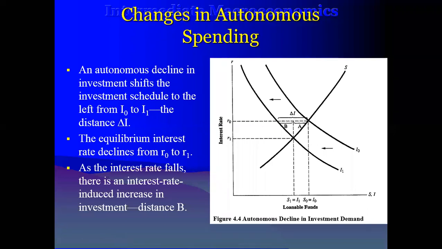Okay, let's use demand. When there's a change in price, do we draw a new demand curve or do we move along the demand curve? Ella, if there's a change in price, do we move along or do we draw a new one? We move along. So that's exactly what we are doing here. We're here, but because of a fall in price, a fall in interest rate, we are moving along the investment curve.